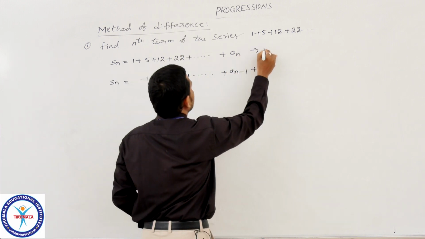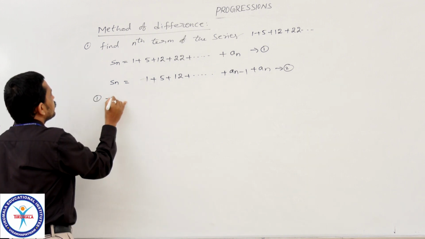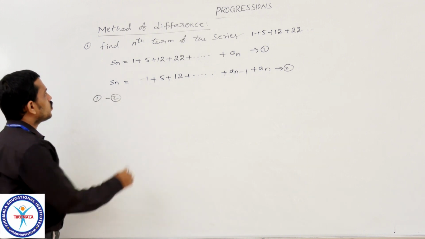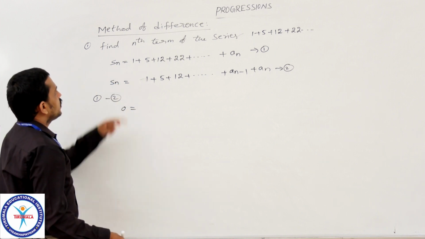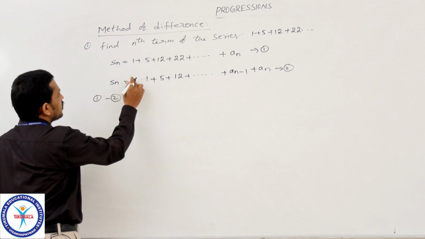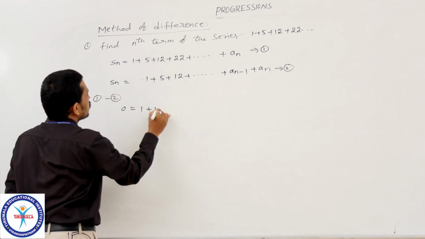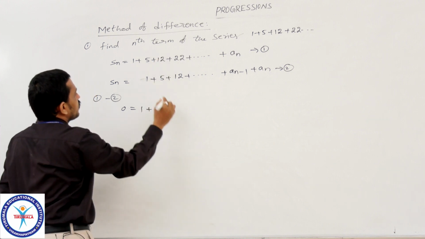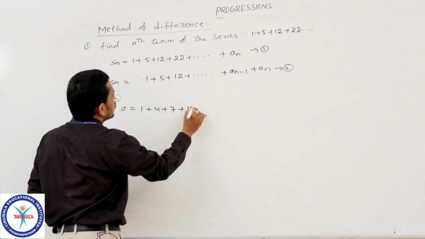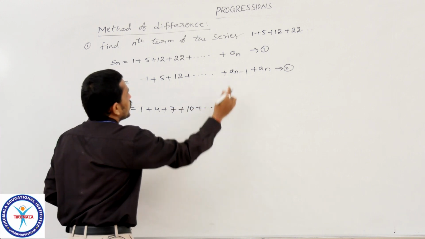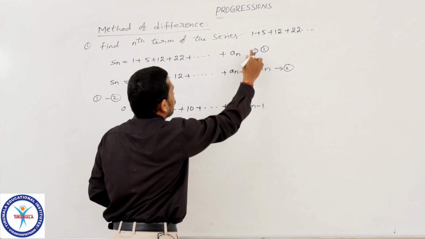Let this equation be 1 and this be 2. Subtracting 2 from 1, Sn minus Sn is equal to 1 minus, here there is no value, so 1, 5 minus 1 is 4, plus 12 minus 5 is 7, plus 22 minus 12 is 10, plus and so on, plus An minus 1 minus An.